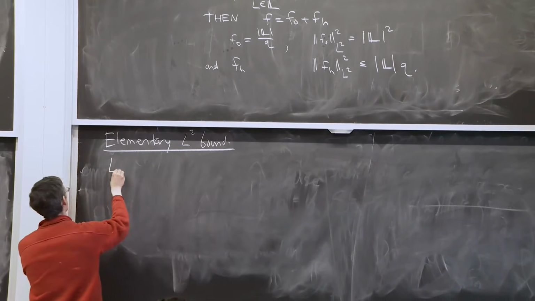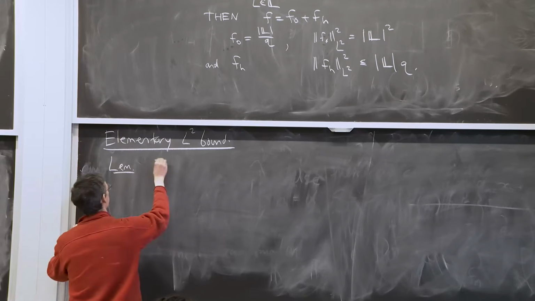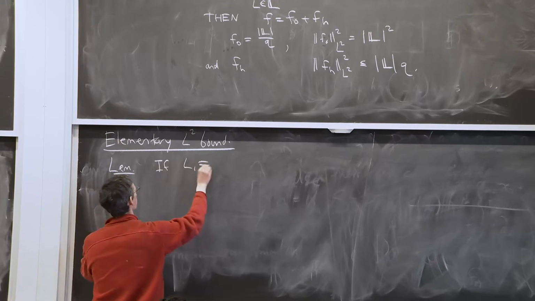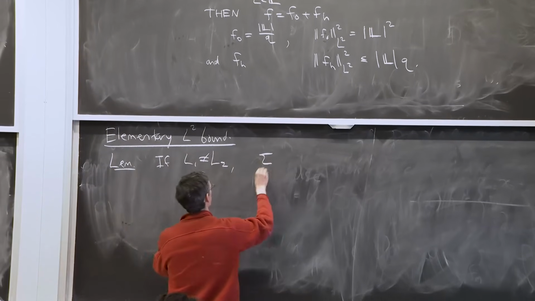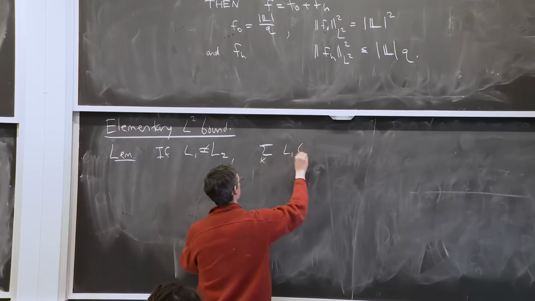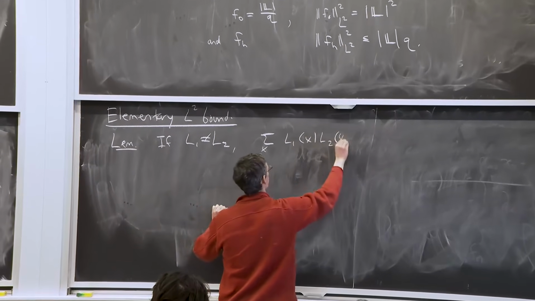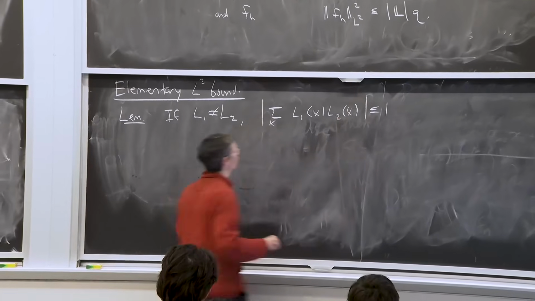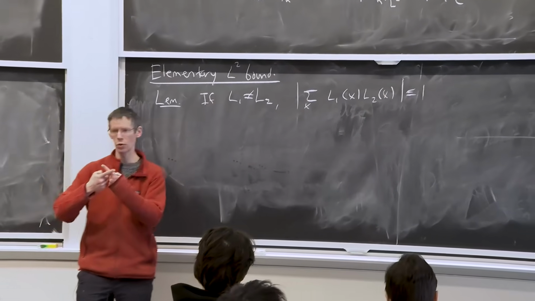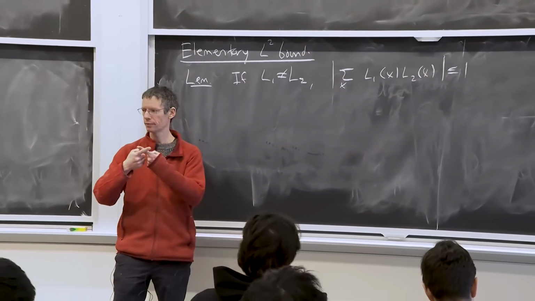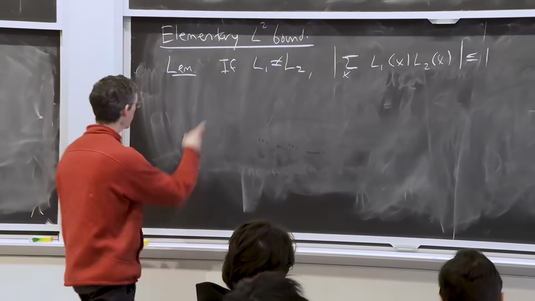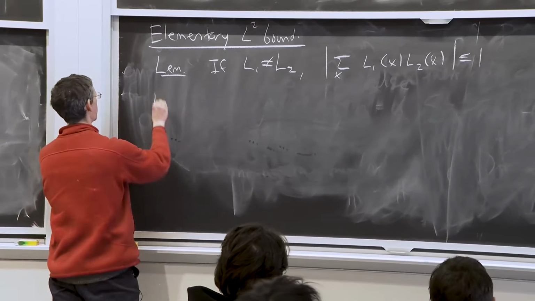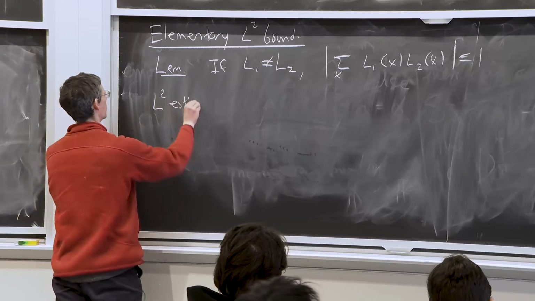OK, so there's a first lemma that if you have two different lines, and then you take the sum over x of L1 of x, L2 of x, this is at most 1. That's just saying that two lines intersect in at most one point. OK. And we can use this to make an L2 estimate. So here's the L2 estimate.